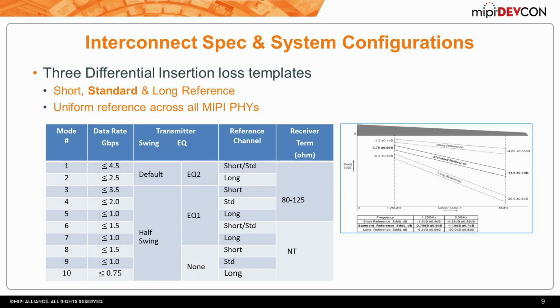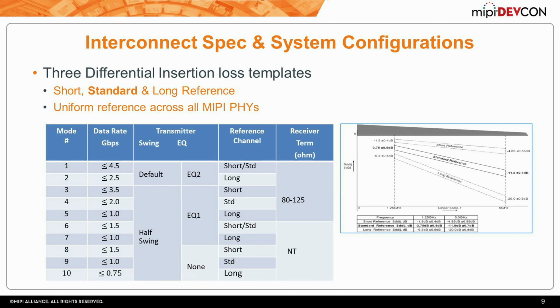For lower loss interconnects, a short channel is defined. And to support a very high loss interconnect, for example chip on glass applications for displays, a long channel is defined, which is a higher loss.